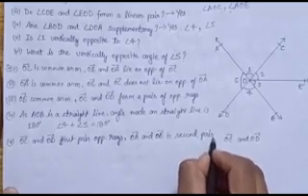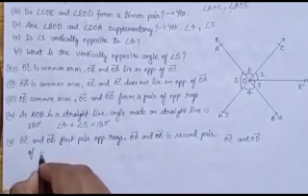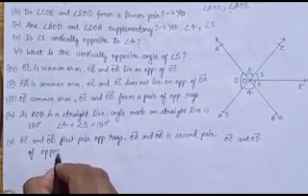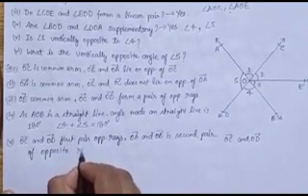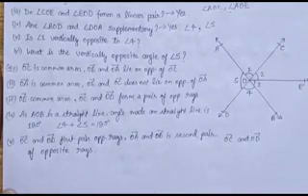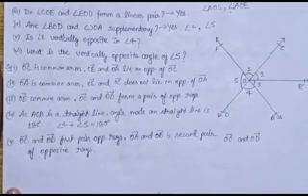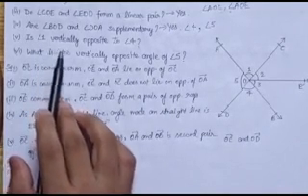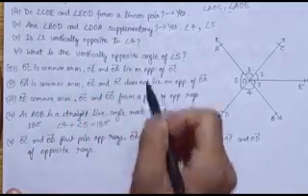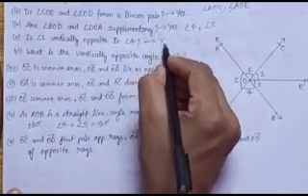So you can see the condition of vertically opposite angles is fulfilled. Hence we can say angle 1 is vertically opposite to angle 4. So our answer is yes.